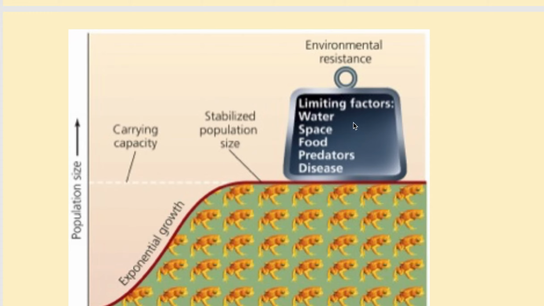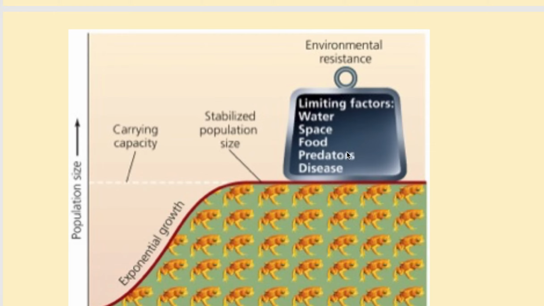So don't forget, water is essential for life. So how much water is available, which is why a rainforest, for example, would be a great place to live because it has plenty of water. Space is another one. You need substrate. So for example, a coral reef, you have substrate there, you have structure. Food is plentiful.